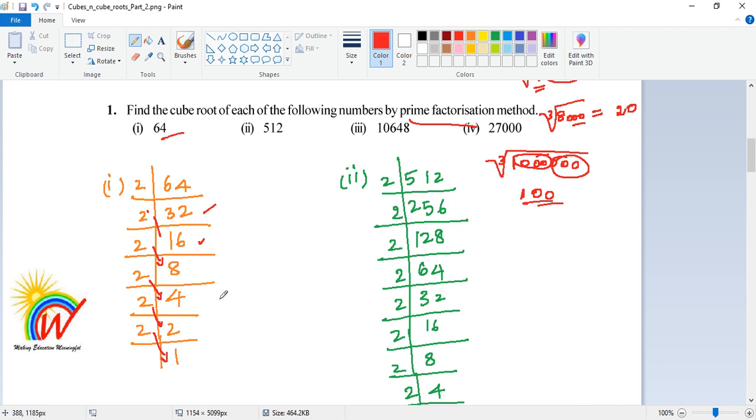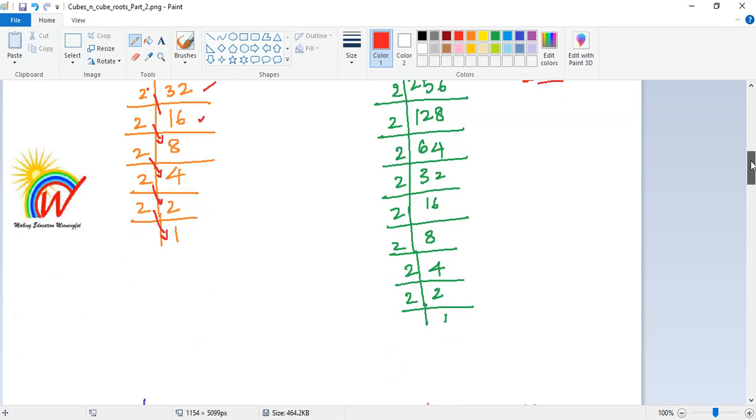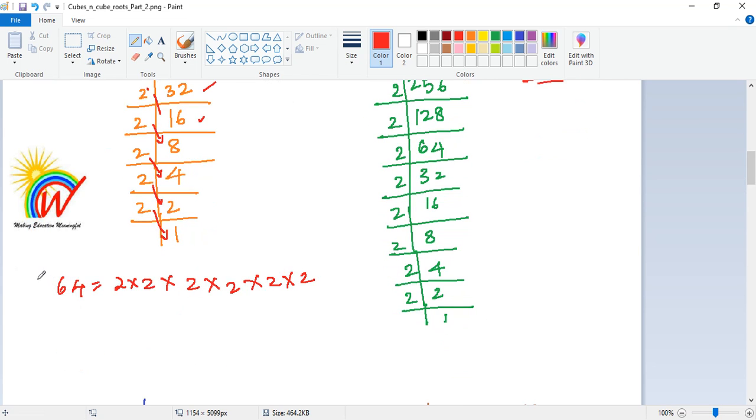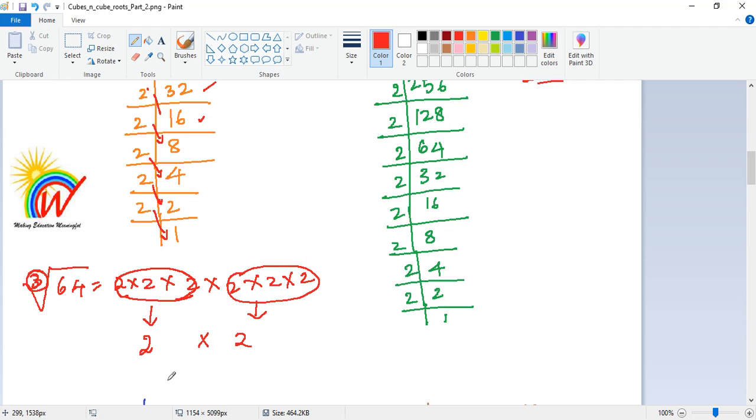So 64 can be written as 2 into 2 into 2 into 2 into 2 into 2. There are six 2s. Since it's cube root, I make groups of 3. These 3 2s come out as one 2, and these 3 2s come out as another 2. So the answer is 2 into 2, which is 4.